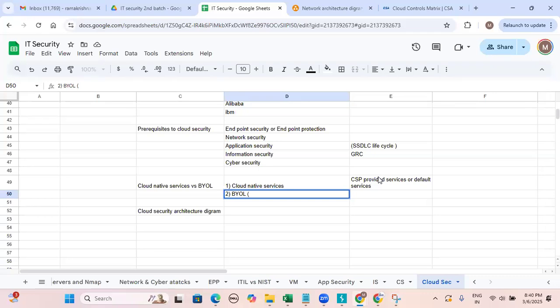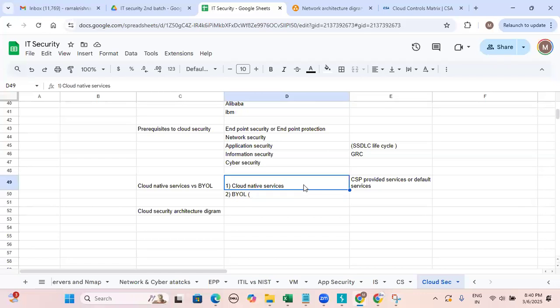Because I don't want to use fewer features from the technical perspective. So when you compare, BYOL oriented features are more from the technical perspective and the cost is also less effective. Along with that, you have to validate cloud native services. Then compare these two, BYOL versus cloud native, which one is better for us from the technical perspective and also the financial perspective.